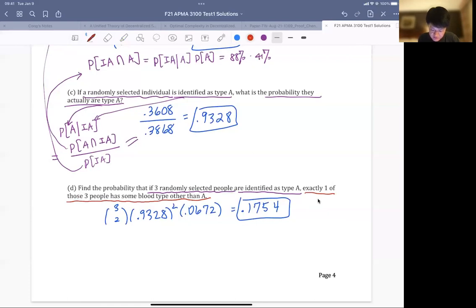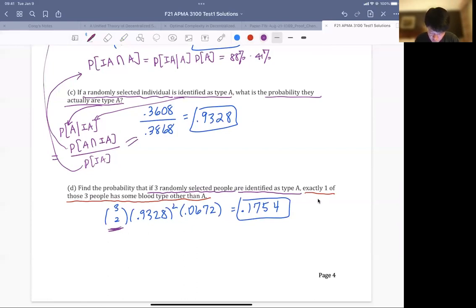So how do we do this? First of all, this is obviously a counting problem. Out of the 3 people, 2 of them must have blood type A, and 1 of them must not have blood type A. So out of the 3 people, I choose 2, a 3 choose 2 situation.